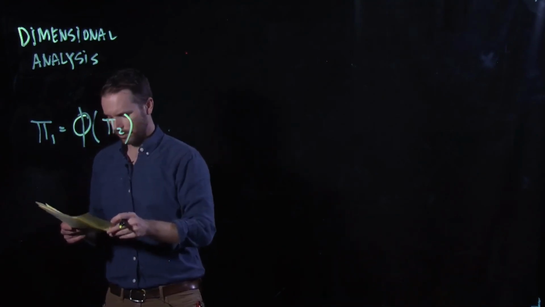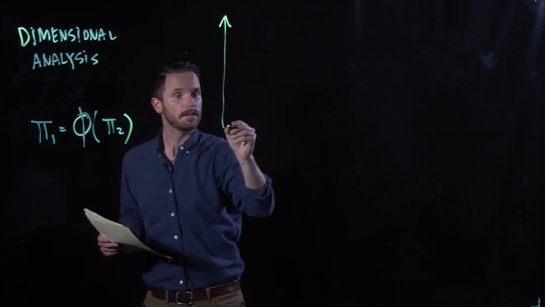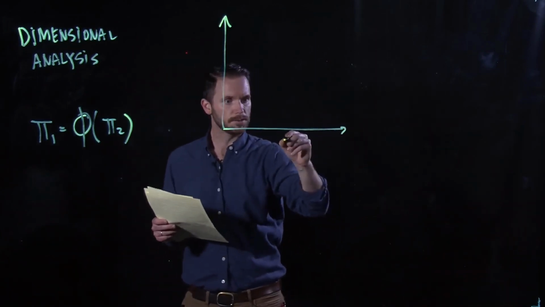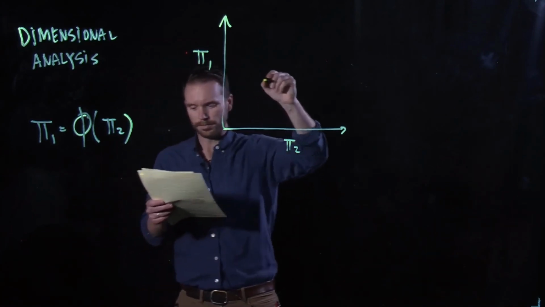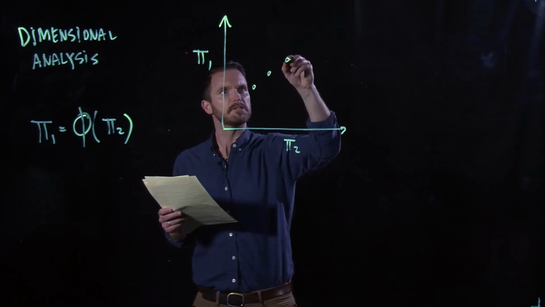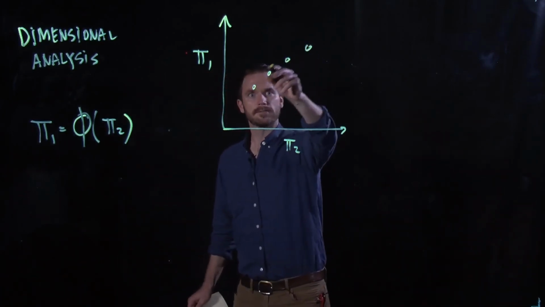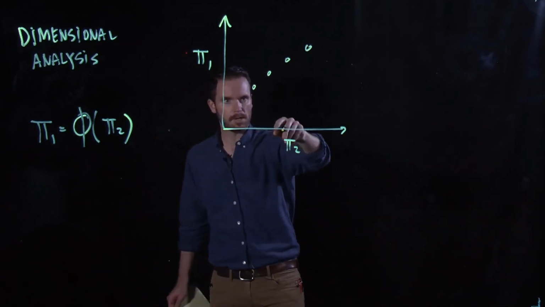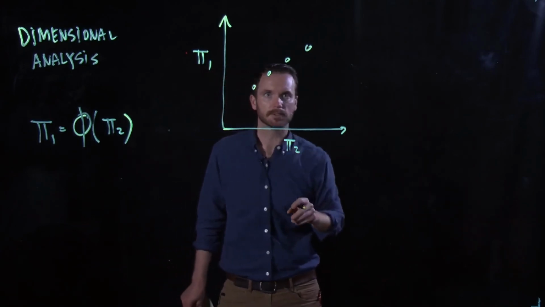If pi 1 is just a function of pi 2, I can vary pi 2, I measure pi 1, and I come up with some relationship that's a function, right? And so it's very easy to say that here's a line that connects pi 2 and pi 1, and so that I've determined the functional relationship between each of these dimensionless parameters.